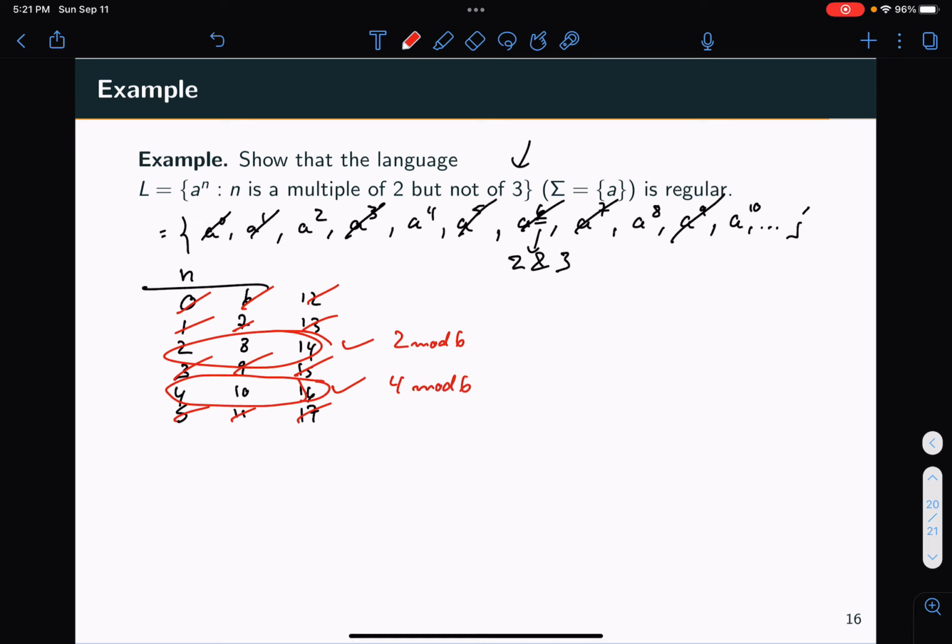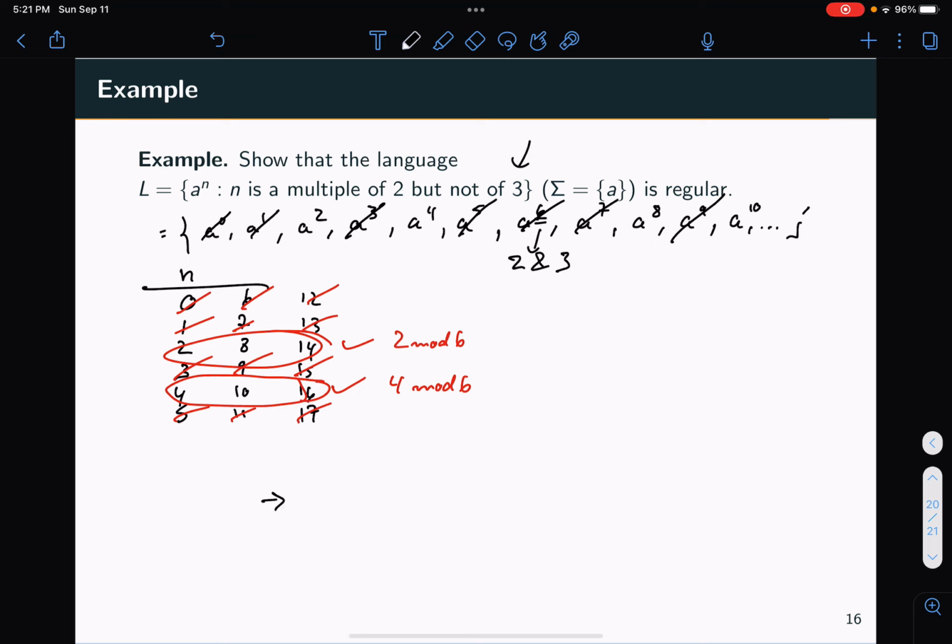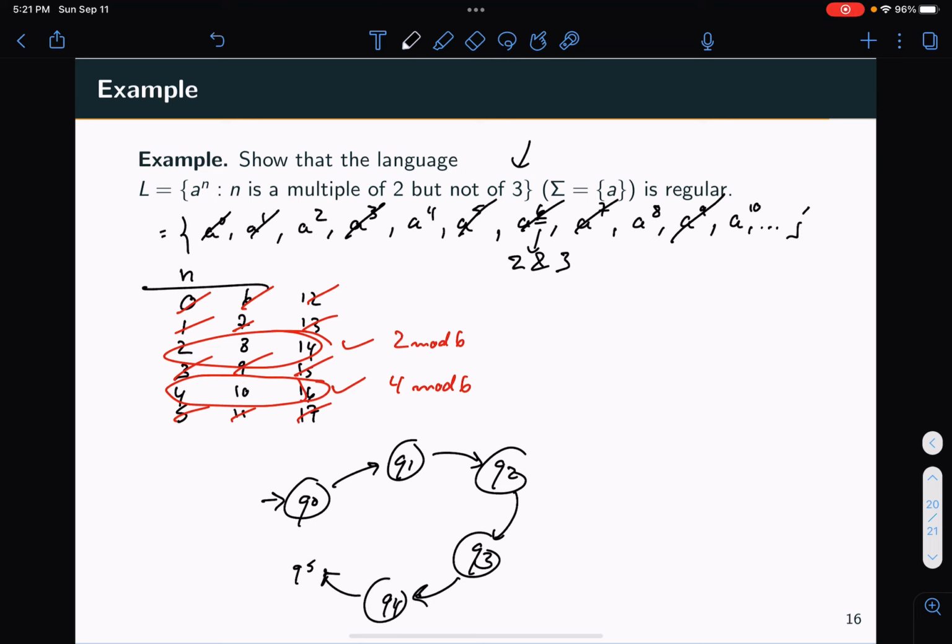Well, how do I actually now represent this in a machine? It's actually quite simple. Let's say I'm at Q0. All I need to do is create a cycle of 6 edges, that's 3, that's 4, that's 5, that's 6.